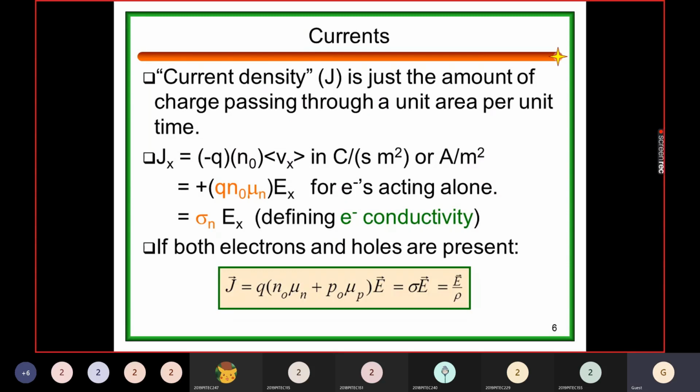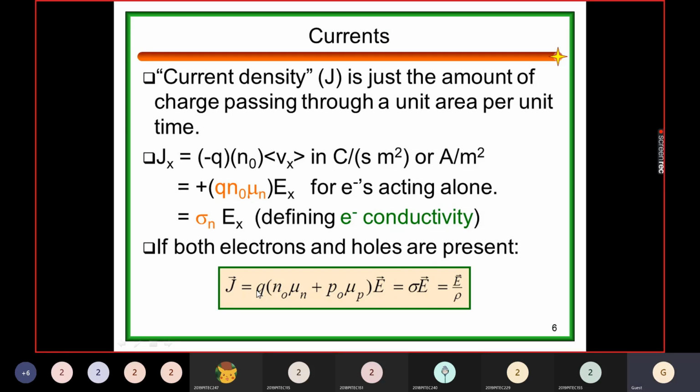Next, we are going to see what is the current density that is passing through a particular area whenever both electrons as well as holes are being generated with respect to each other. You can see the current density represented in this case is always equal to minus q into n naught into Vx.